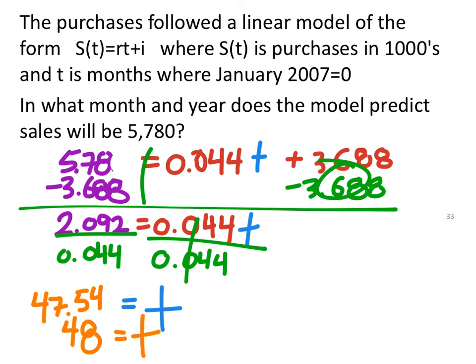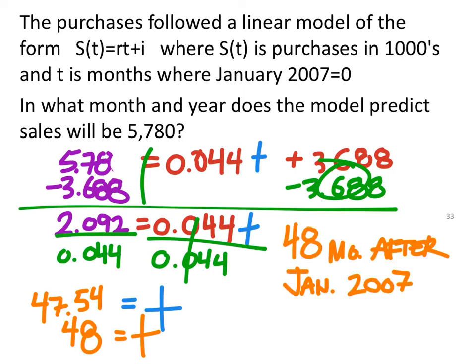So this is 48 months after January 2007. Well, 48 is a nice round number because every year is 12 months, and 48 is a multiple of 12. So to figure this one out, we'll just add 4 years to January 2007, which puts us at, in actuality, January of 2011.